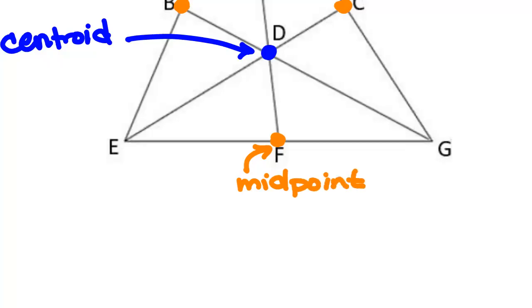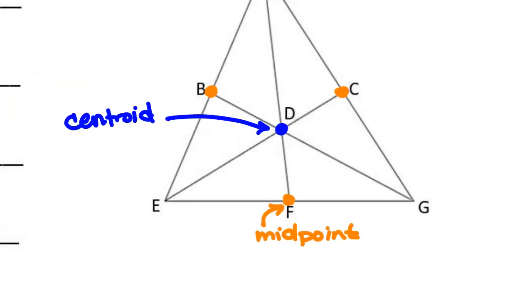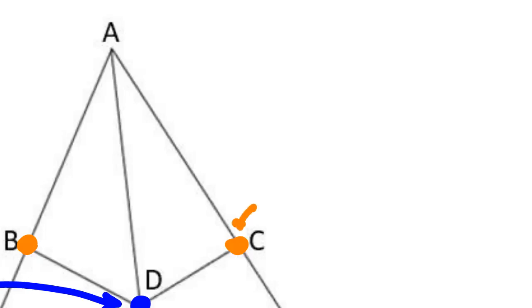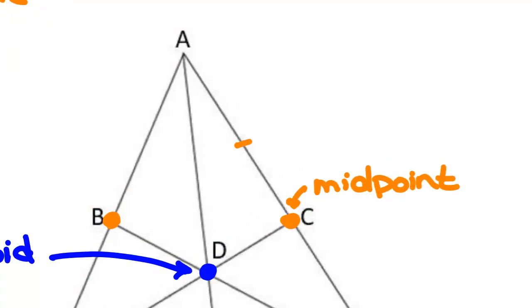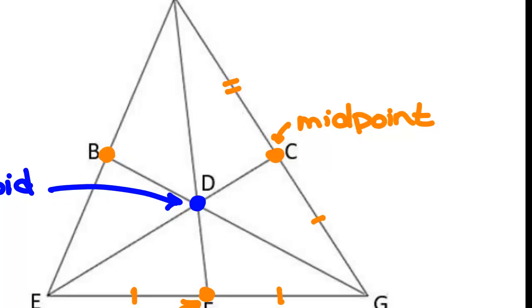So if F is a midpoint, what's true about EF and GF? They are congruent. C is also a midpoint. So what's true about AC and GC? They are congruent. And B is also a midpoint.